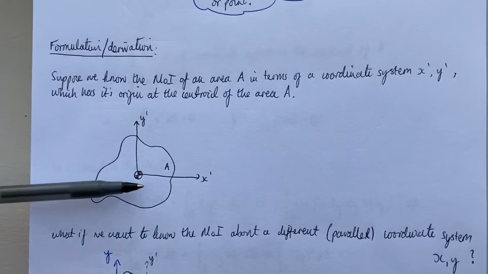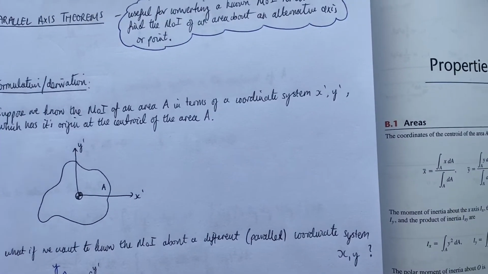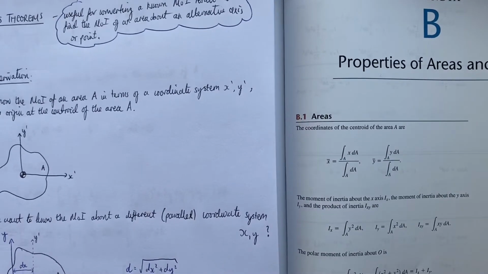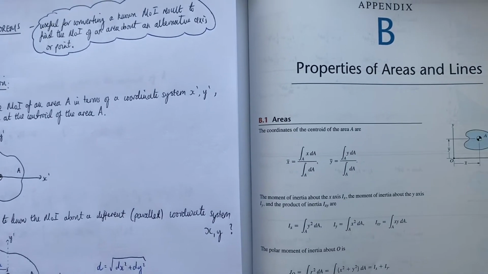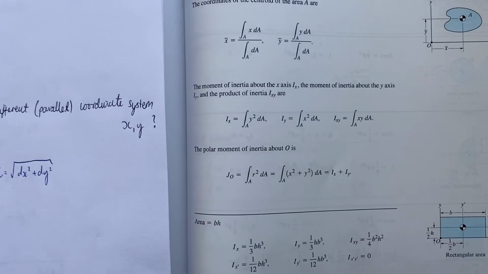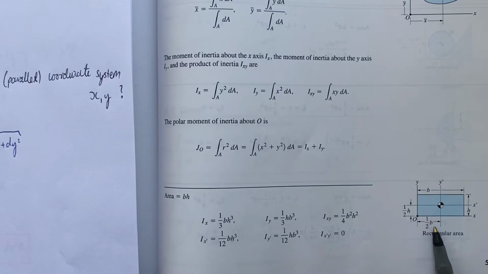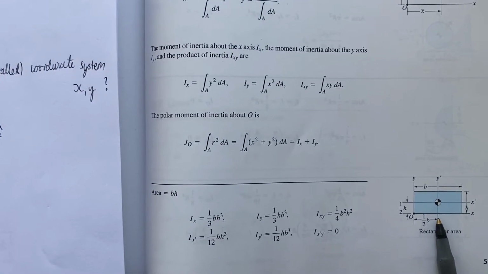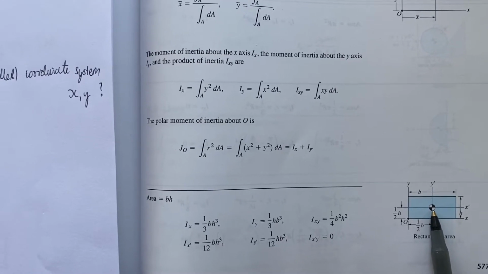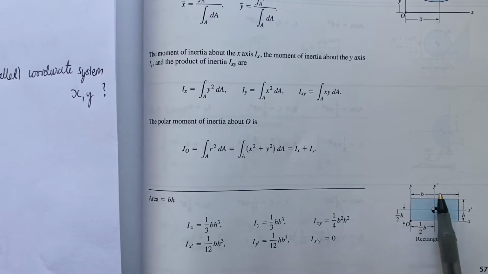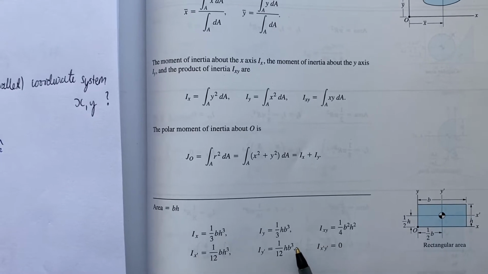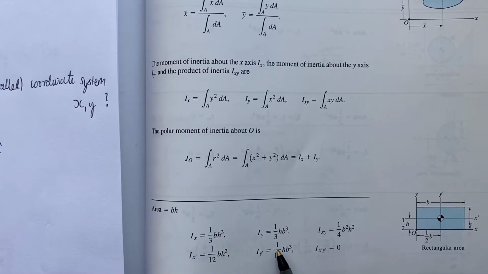All of these results for common shapes are actually given in the textbook in the appendices. If you turn to page 577, Appendix B, you will see that for common shapes, let's just take this rectangle here for example, the centroid of its area is given by the point x dash, y dash, and then we are given the moments of inertia about that point.